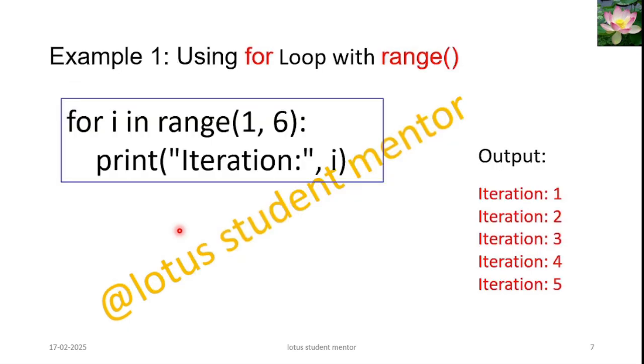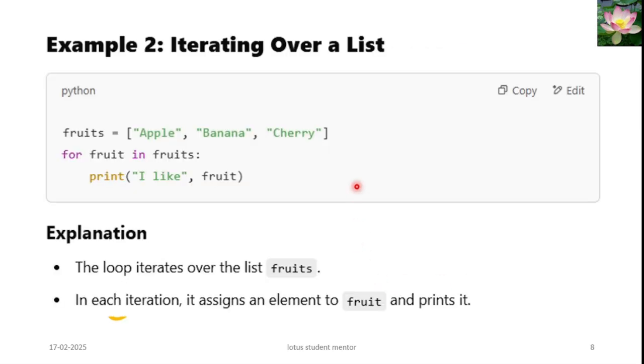For example 1, for i in range 1 to 6, the output is iteration 1, 2, 3, 4, 5, like that. Now let us go to example 2, iterating over a list. The list here is fruits equal to apple, banana, cherry.